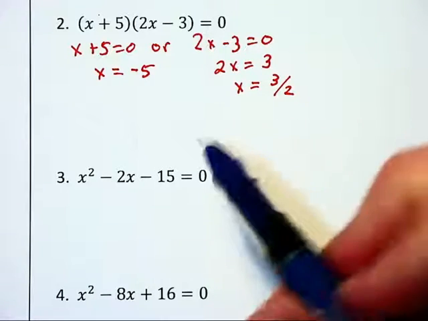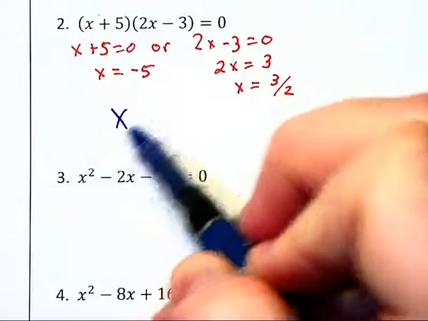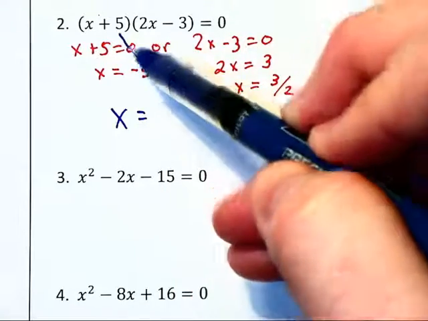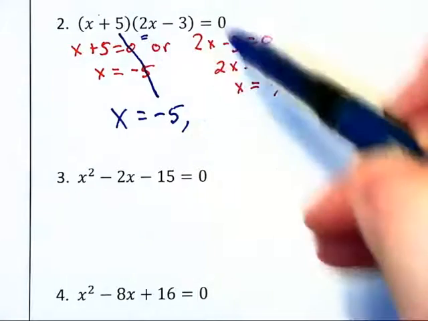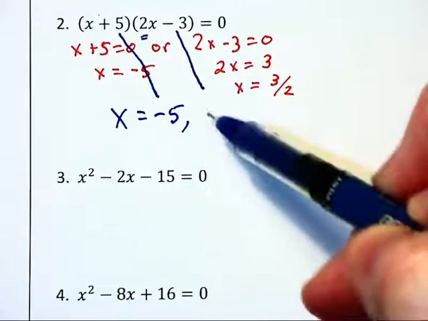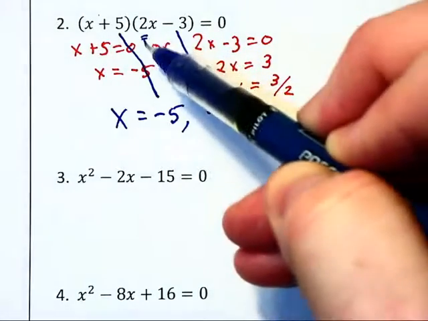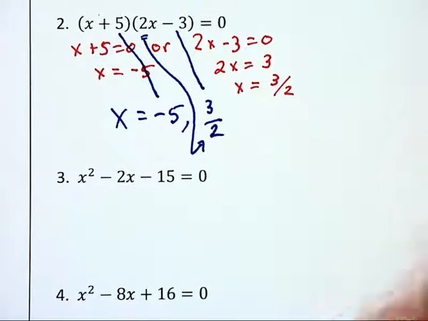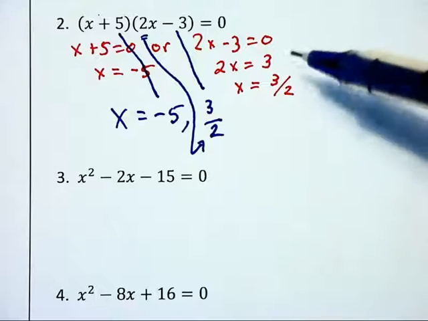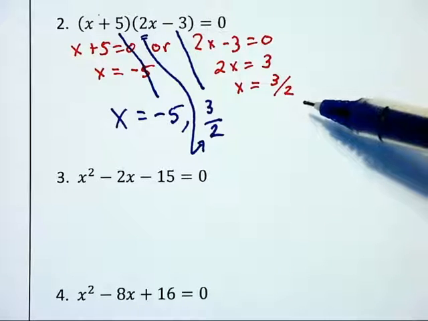Now, as our shortcut, we say x is equal to, see our positive 5, change that to a minus 5. Notice there's a leading 2 out front. We change the negative 3 to a positive 3, and when there's that leading coefficient out front, we divide it off and write that as 3/2. That's generally the shortcut if you want to avoid what is in red there.